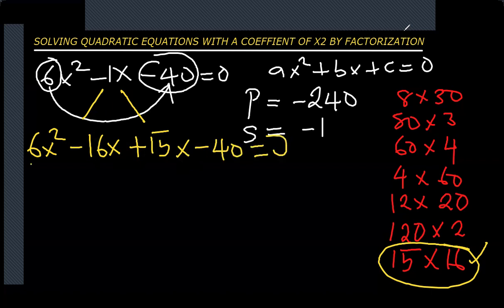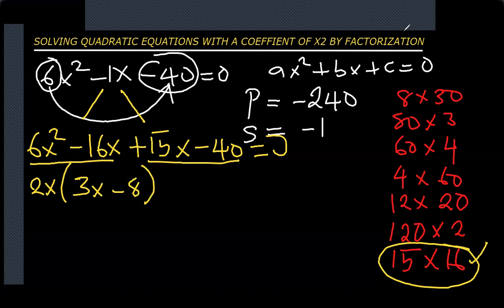Then the same thing we did for the other one, we group those two. What is common here? We get 2x. 2x is the common factor right there. So we open the bracket, that gives us 3x, so that you can get 6x squared, and then minus 8. Then in this second bracket, we must get 3x minus 8.